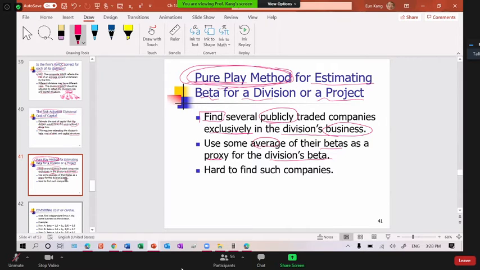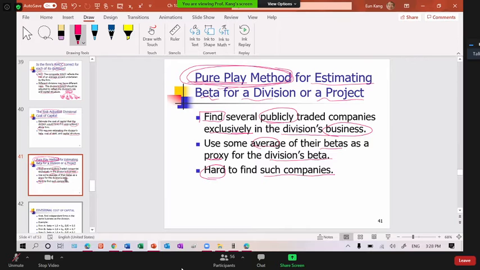But the problem is it is very hard to find such companies. For a company to have a stock price, to be listed in the stock market, it should be a little bit big, right? Then it's very hard for them to engage in only one business.